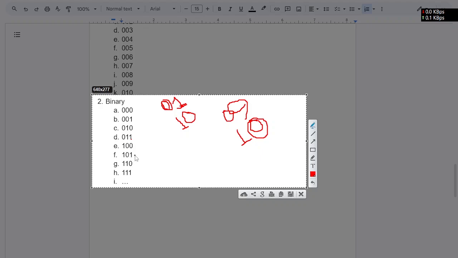And if we want to increment this number by 1, we have to add 1 to this number, but 1 is the largest digit of the binary number system, so we cannot increment this digit, so we have to reset this 1 to 0, and we will add 1 to the left position of that number.